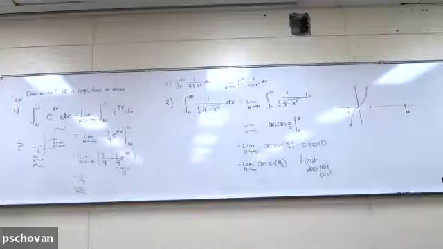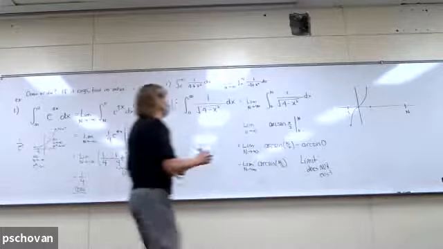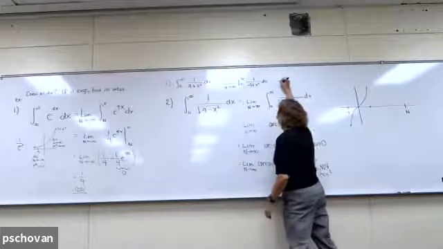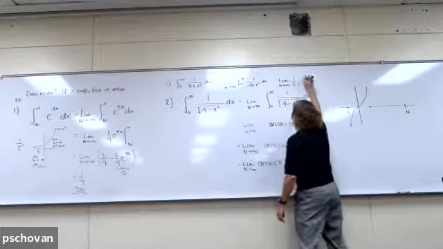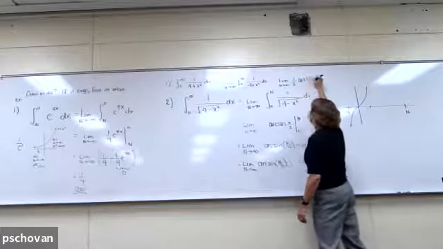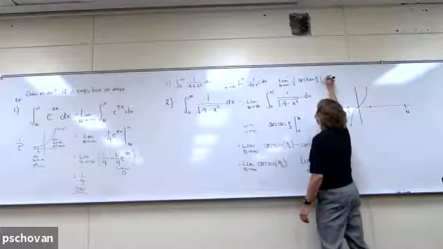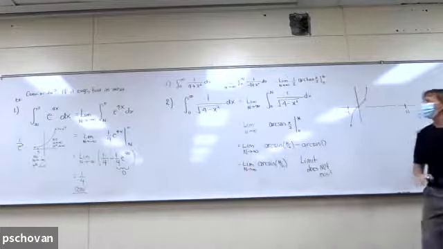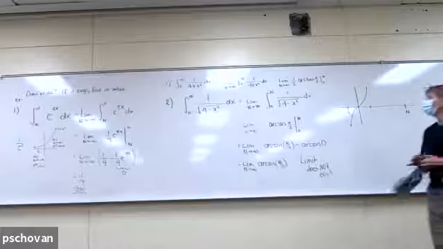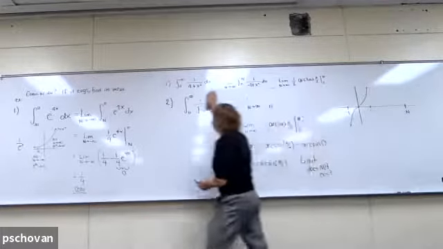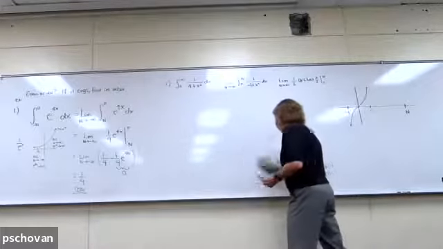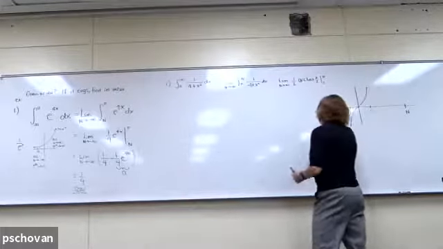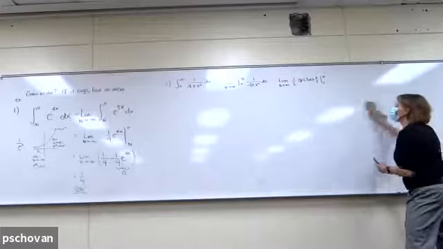That's the arctangent. So we get 1 over 2 arctangent of x over 2. And so I put those numbers in.